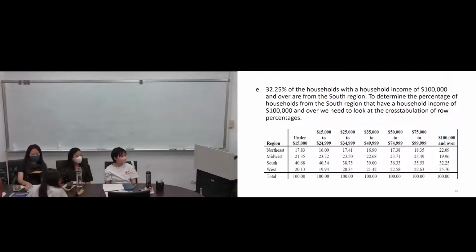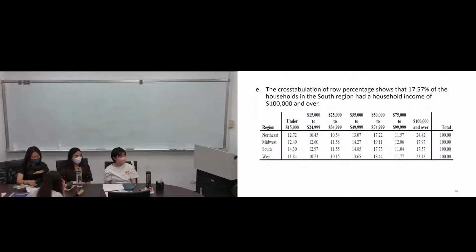So if you are asked a question where the precondition is the annual income, and it asks you the percentage from a particular region, we convert the original table into column percentages. In this question, the precondition is region, and it asks us the percentage from a particular household income.